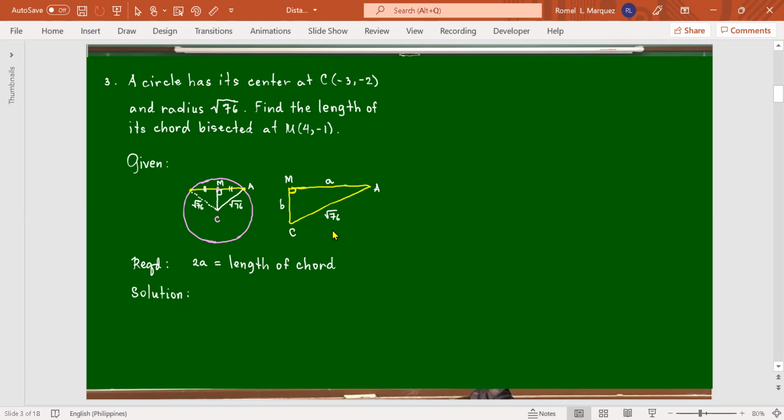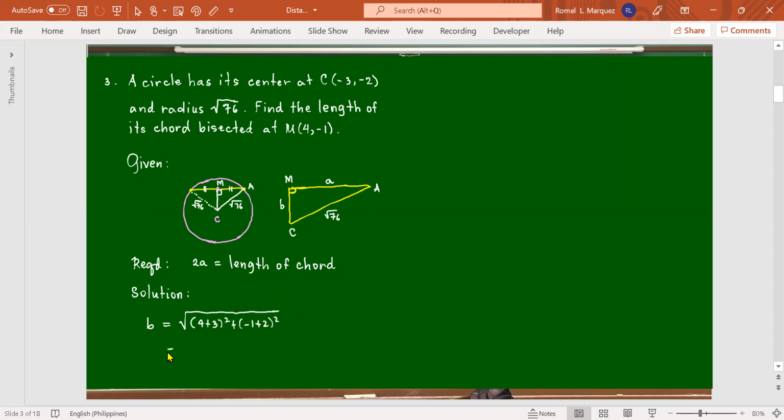Now, to get the length of the chord, we have to solve first for b, no? Because we know m and c, we can compute that b by the distance formula, from c going to m. So 4 minus -3 quantity squared plus -1 minus -2 quantity squared.